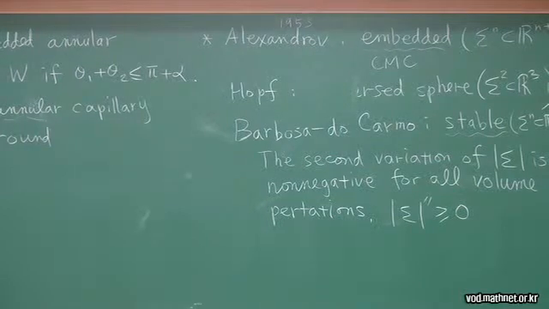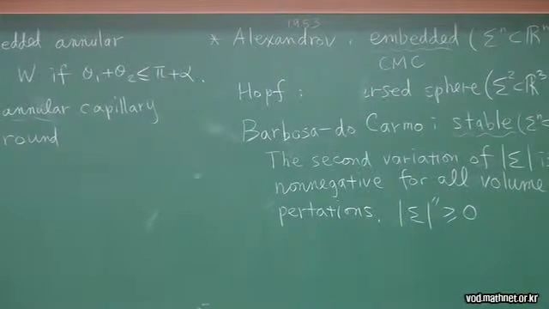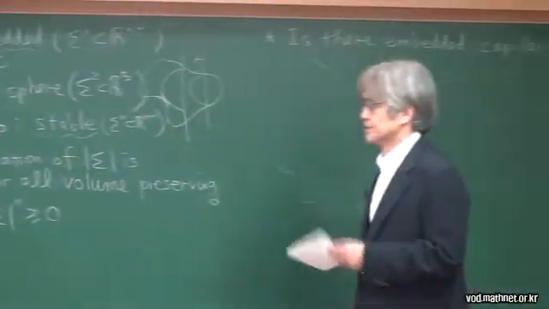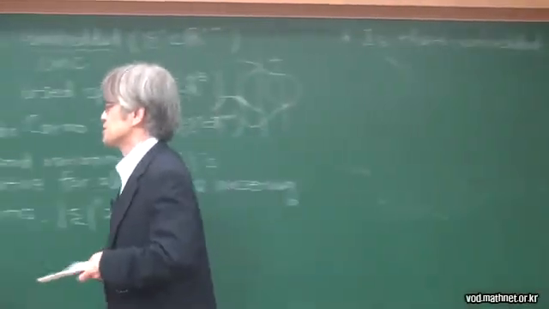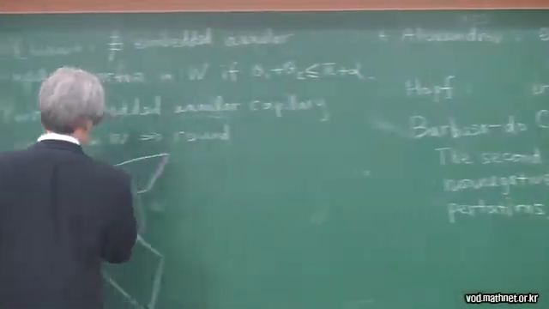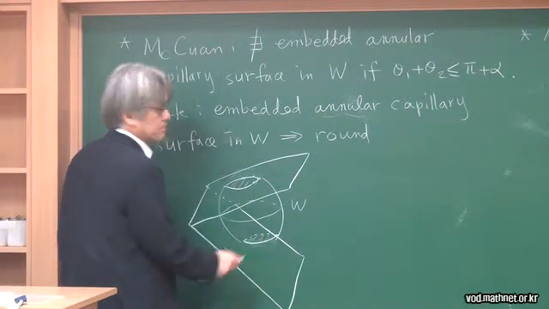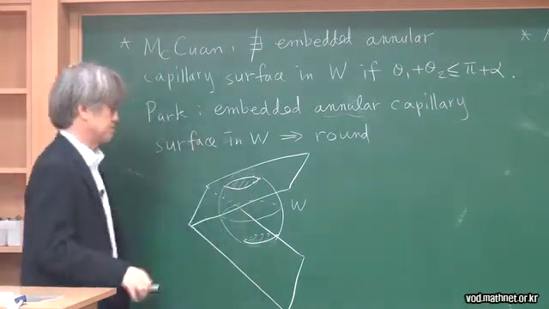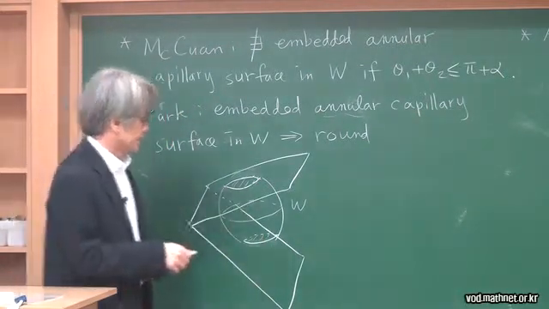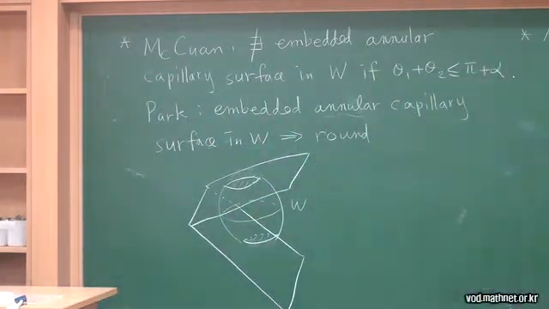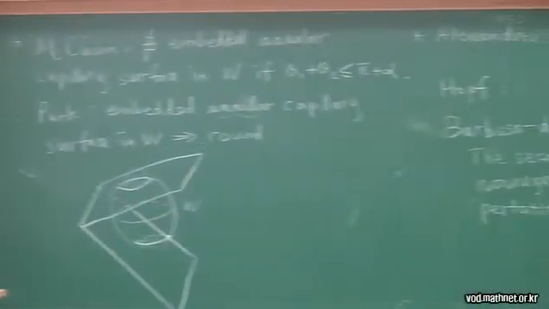When this is a manifold, a surface with boundary, then how do you consider the volume the surface bounds? You have to use this part of the boundary, part of the wedge, together as the boundary.